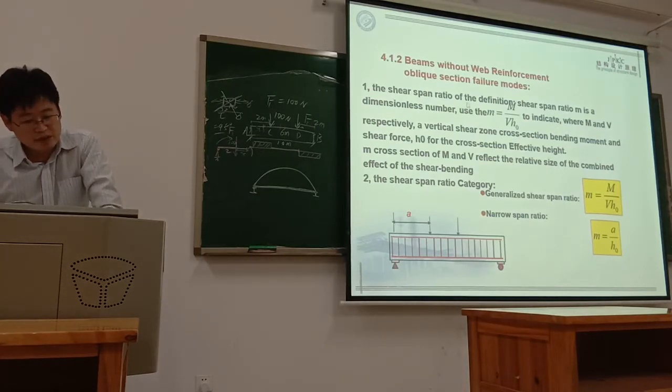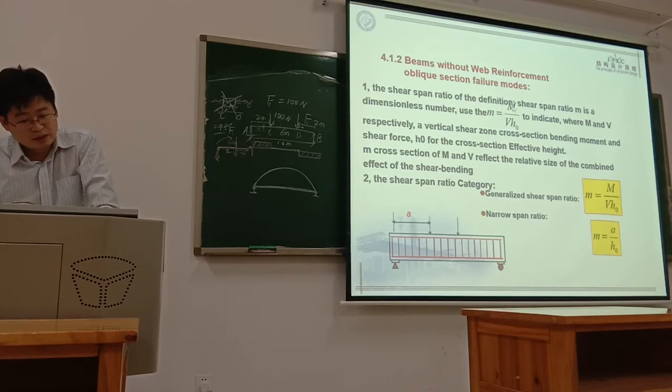The shear span ratio is dimensionless. In the calculation equation, M and V respectively mean the moment and the shear force, and h0 is the effective height of this section.